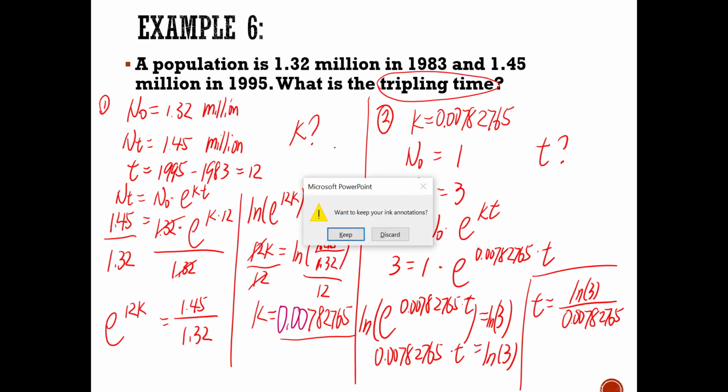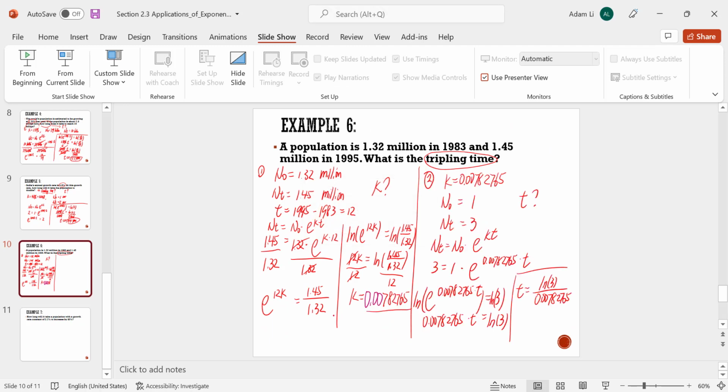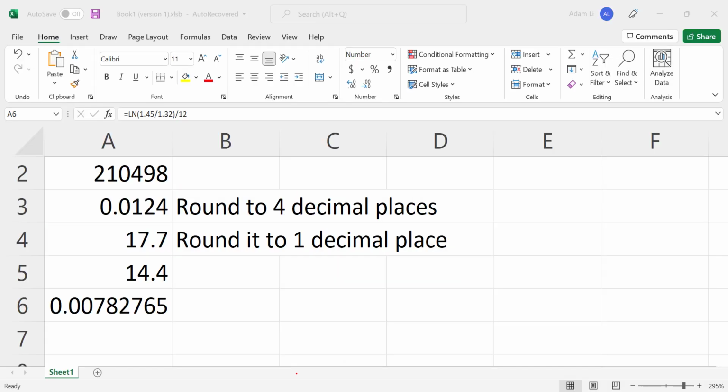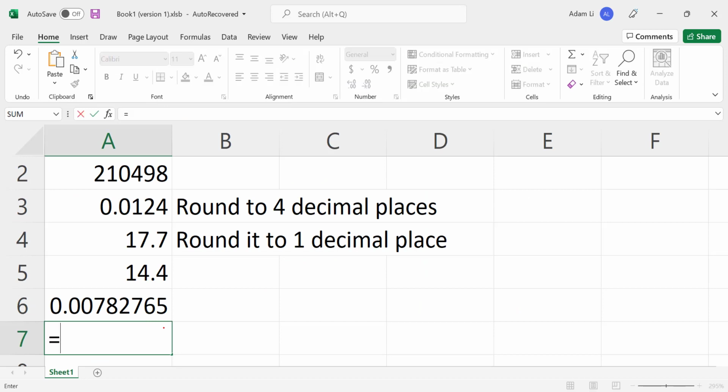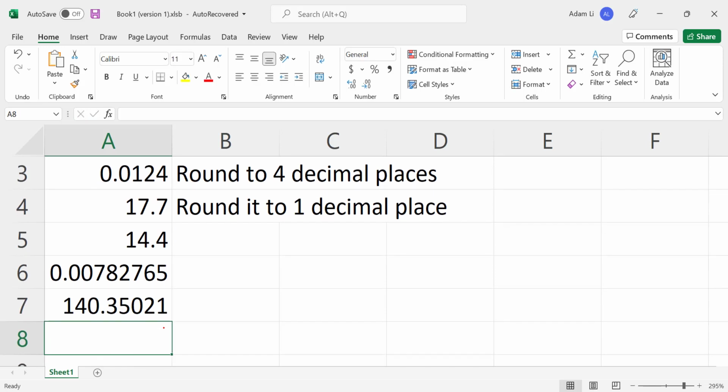Now, one more time, get the result from Excel. It's going to be ln of 3 divided by 0.00782765. We get that it's about 140.4 years.